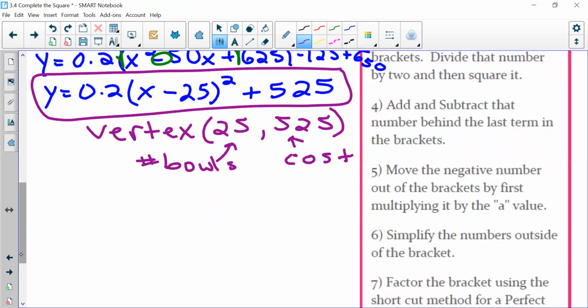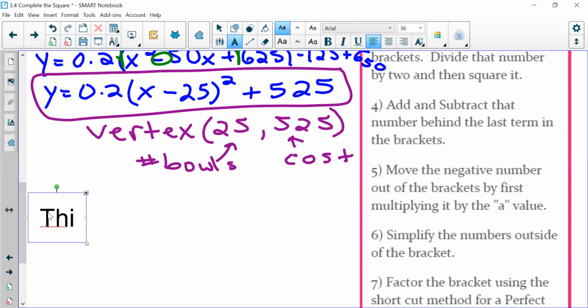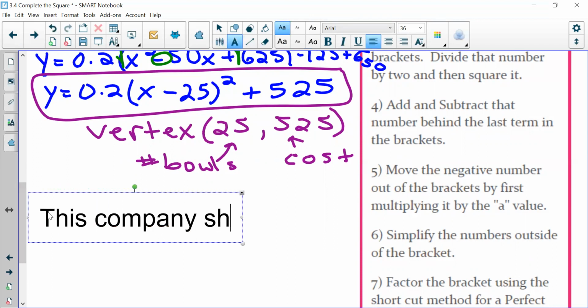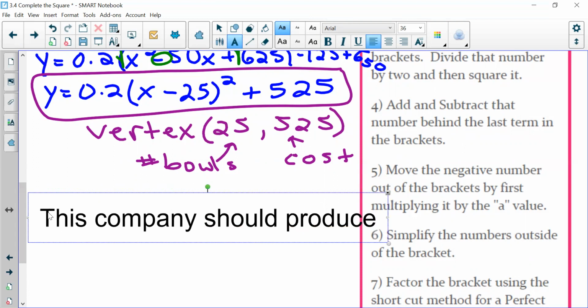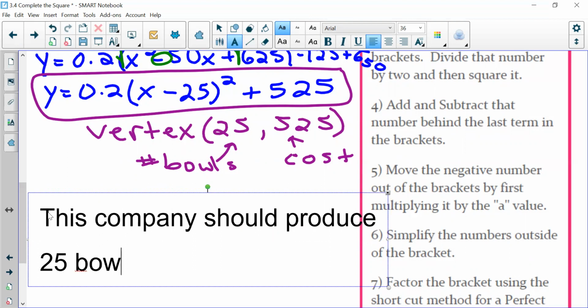Good. Therefore, this company should produce 25 bowls a day. Minimize their daily production cost to $525.